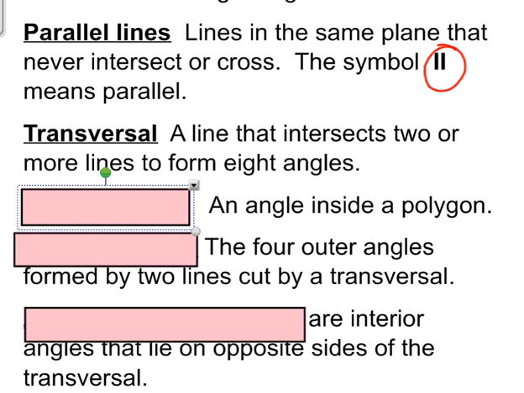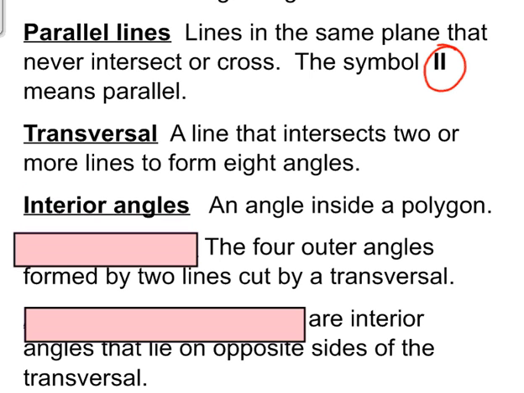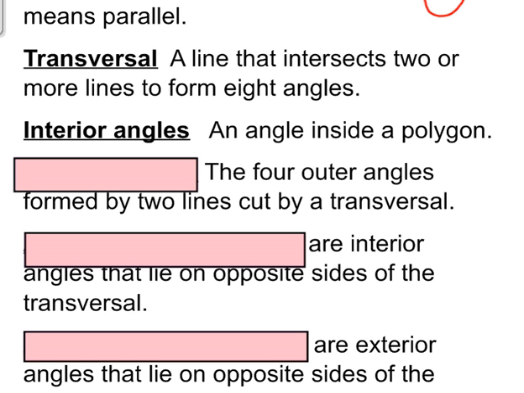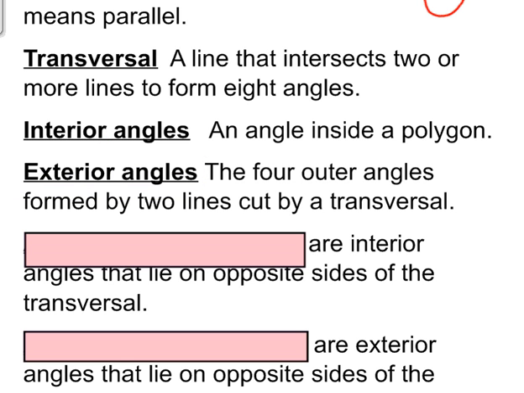Interior angles: angles inside a polygon, or inside the area cut when a transversal cuts two lines. Exterior angles: 4 outer angles formed by two lines cut by a transversal.